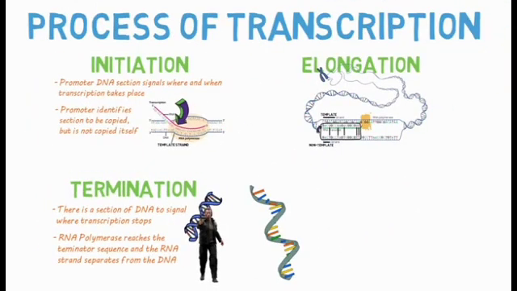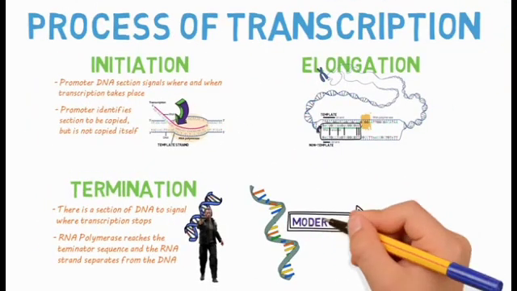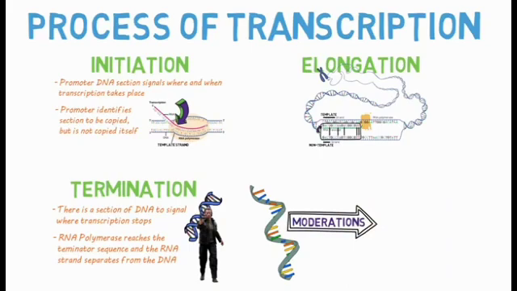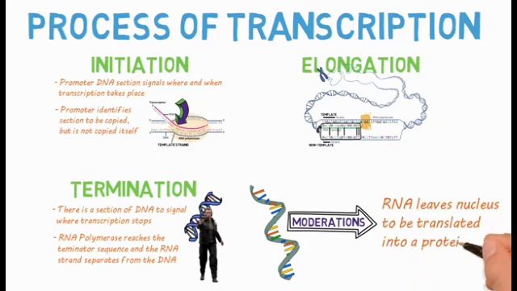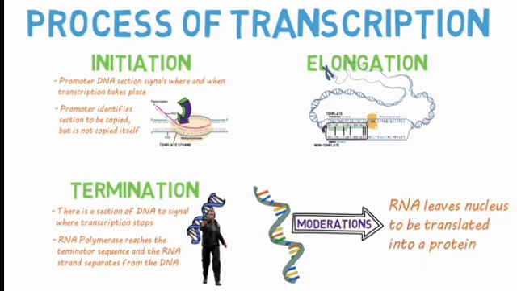After termination, the newly constructed RNA strand undergoes some modification to remove sections that will not be translated. The RNA then leaves the nucleus to be translated into protein. Those are the three processes of transcription.